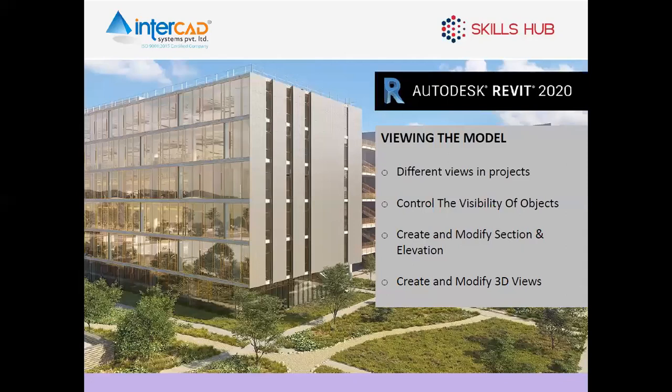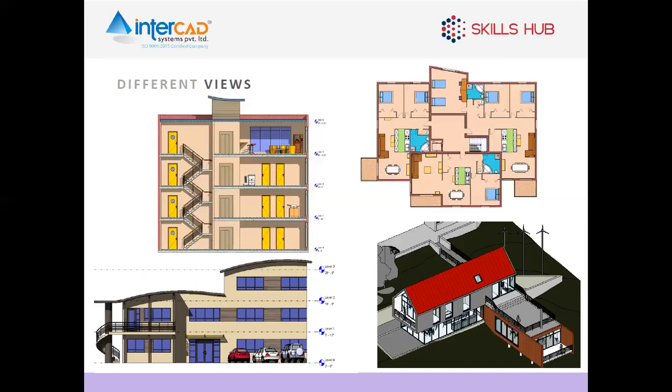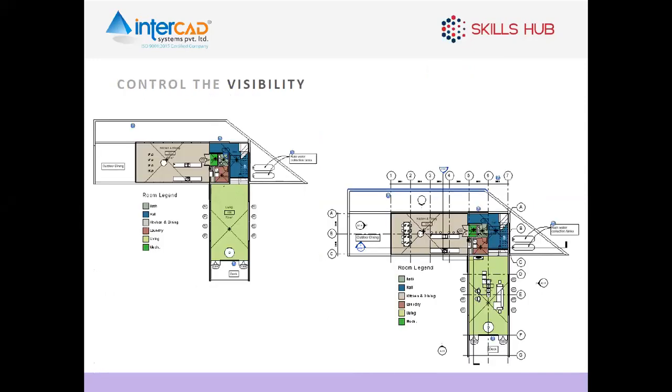Okay, I think our first objective is how to control the project view, then how to use visibility controlling with the help of view range or visibility graphics, then how to modify the section and elevation, then how to generate the 3D views with the help of the camera. These are some examples. How to control the visibility, then how to create a presentation file, something like this. For that, the room schedule is important.